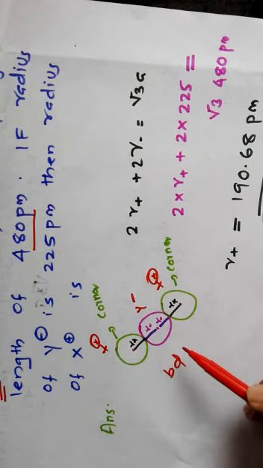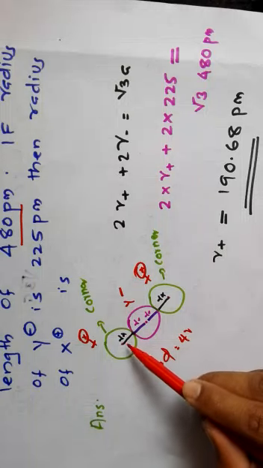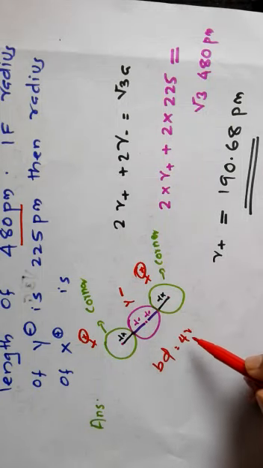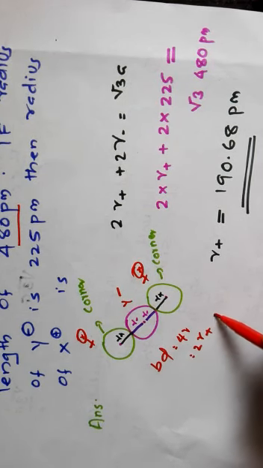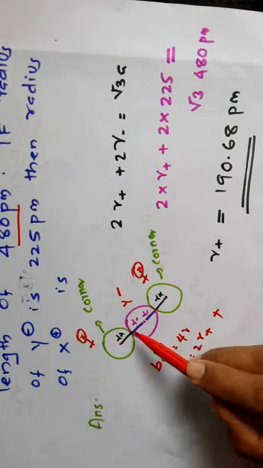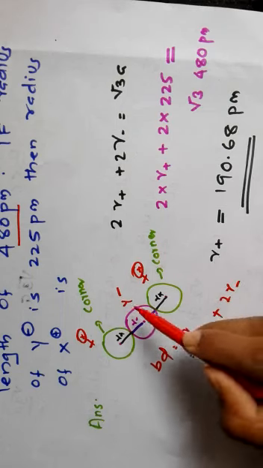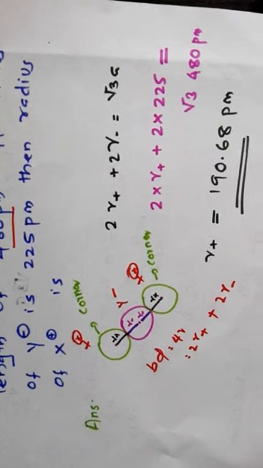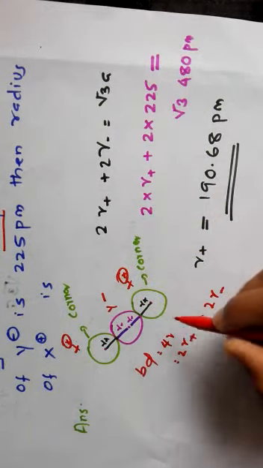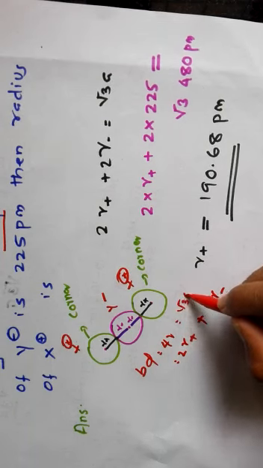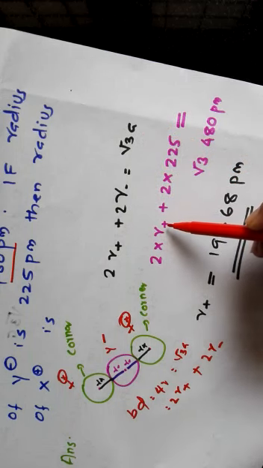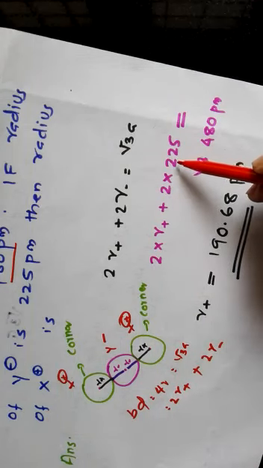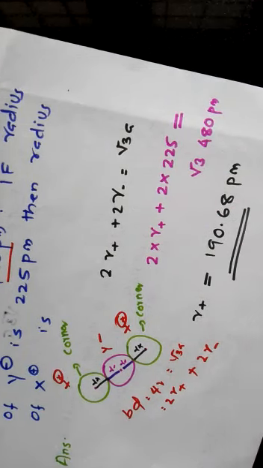Therefore, the body diagonal has a length of 2r plus, from the two cation radii, plus 2r minus, since Y minus is present at the center of the body. Therefore, you have the relation body diagonal is equal to root 3a. Therefore, 2r plus + 2r minus = root 3a. 2r plus is what you want to calculate. r minus is given, 2 into 225. Please do the calculation, you will get the answer.